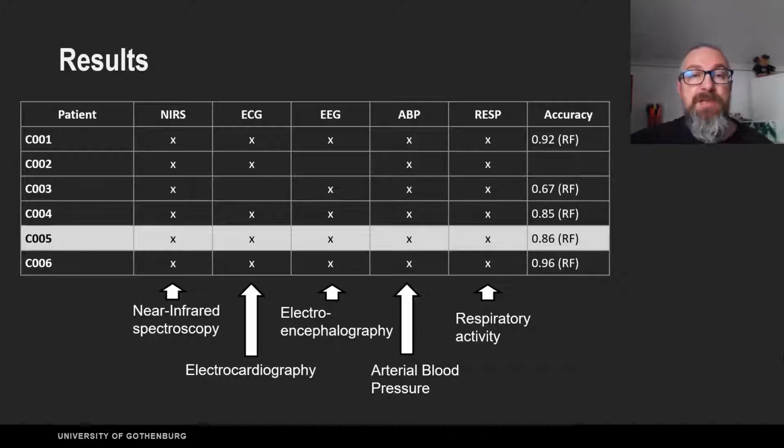So for example, the EEG signal in patient number 2 was corrupted by the ECG signal when, during the procedure, one of the electrodes basically fell on the operating table and was collecting a different kind of signals. And then it was unfortunately done in such a way that before certain events, this was not the case, and after certain events, that was the case. So if we try to train the machine learning model based on that, the model actually learned that mistake rather than what was happening in the operating room.